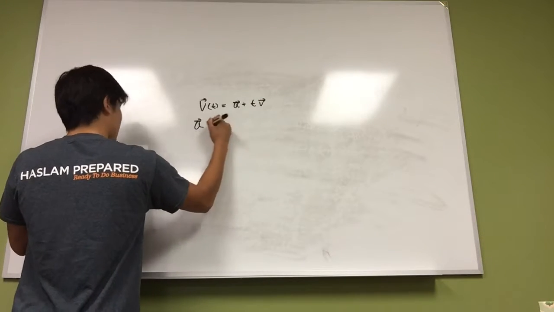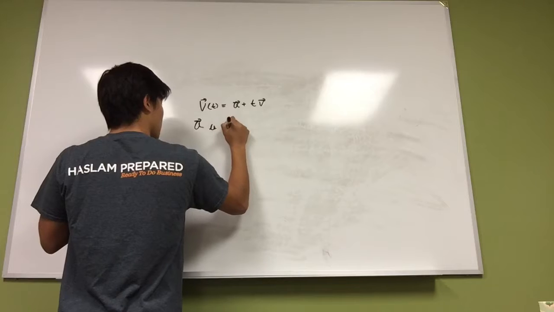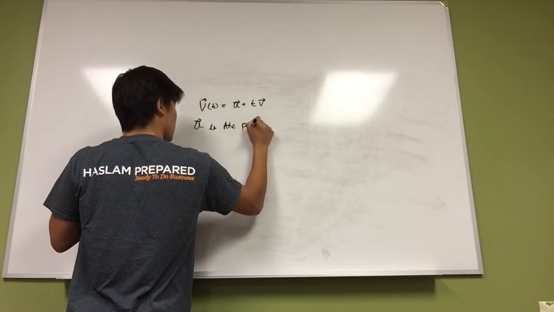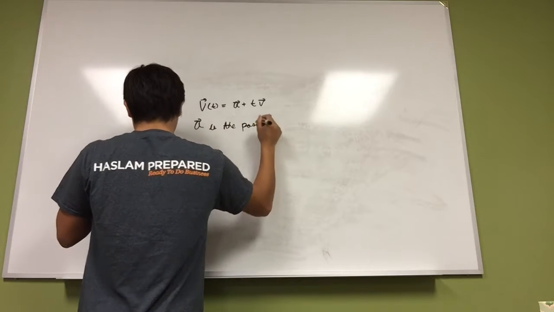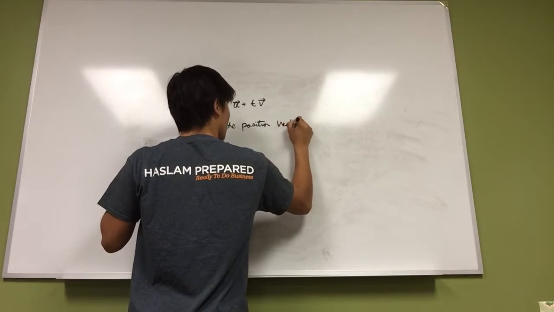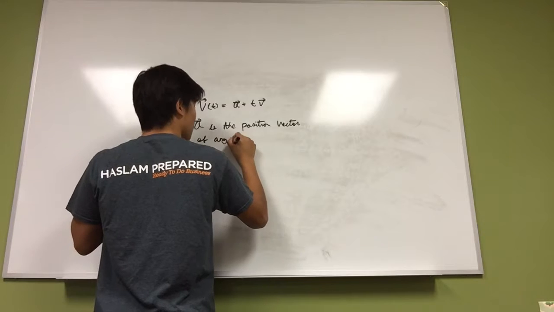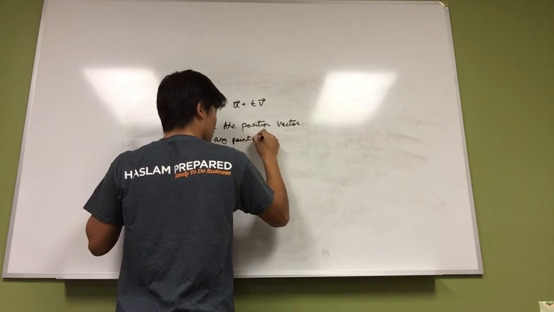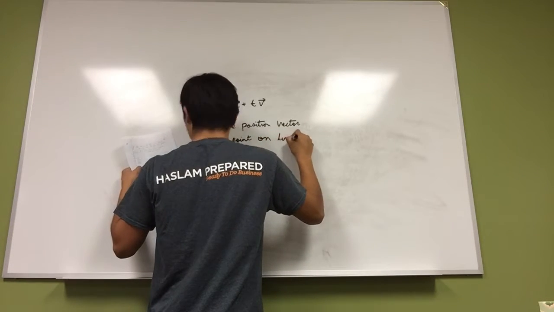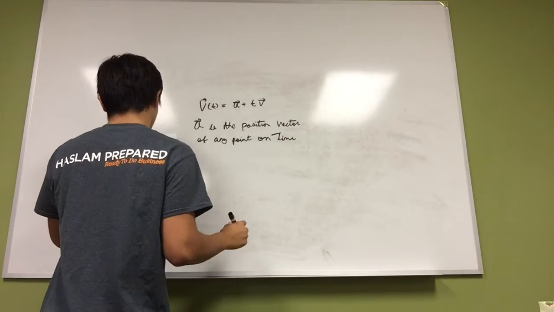Apparently a is the position vector of any point on the line.